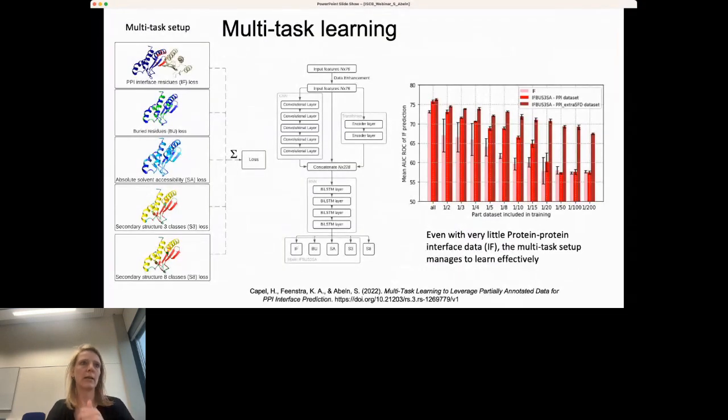And what we use here is a multitask learning model. We actually used an existing architecture of a secondary structure prediction method. But the key trick here is not to use a single task, but to predict multiple tasks at the same time.